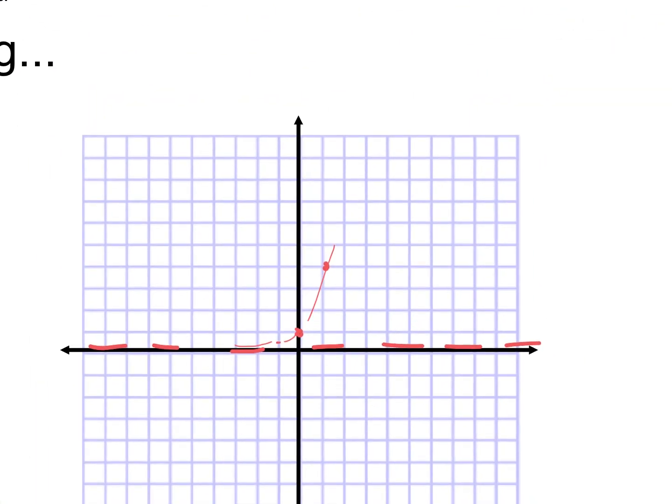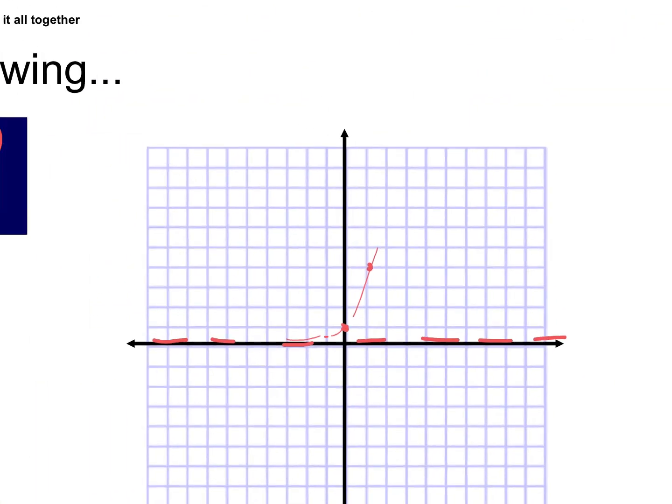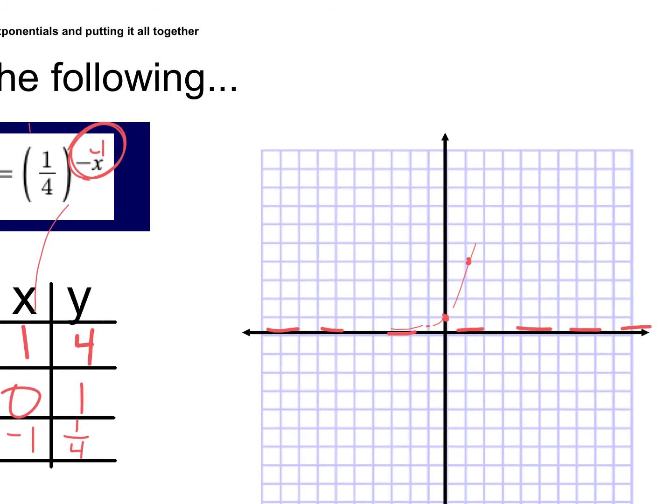Now, last thought. Does this kind of match up with what you would think? The parent graph, it seems a lot like this should be decay, which would be like this. But this has a negative on the inside, which means that it flipped it on the inside this way. Does that look like my red line was a flip like that?